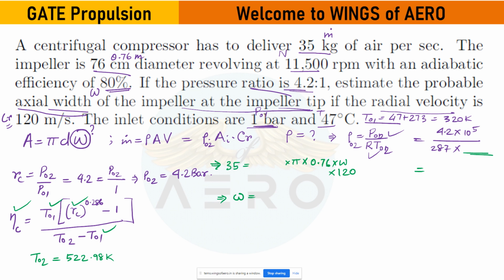Now substitute over here. You will get the value of rho, 2.7. All of you getting the same answer? Yes, ma'am. Okay, that's great. Now put the 2.7 over here and find out the width of the impeller.